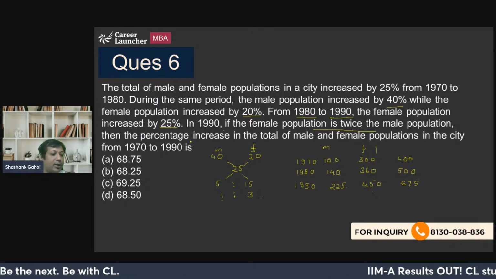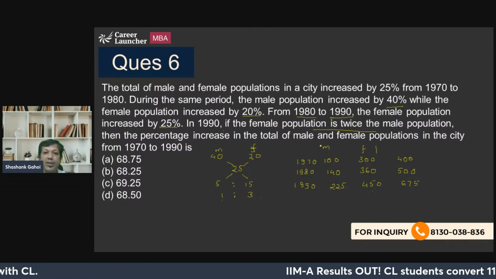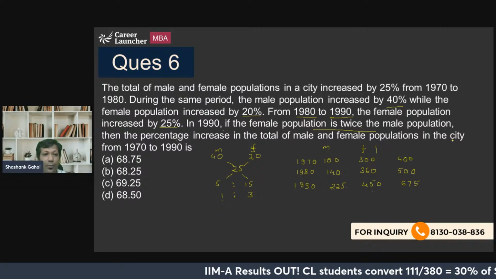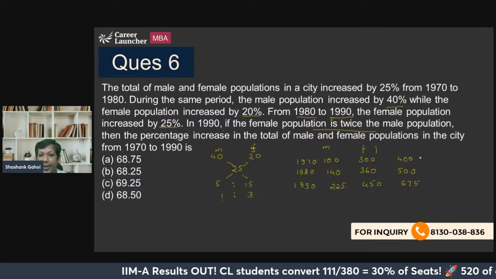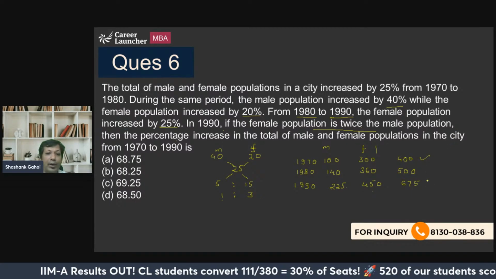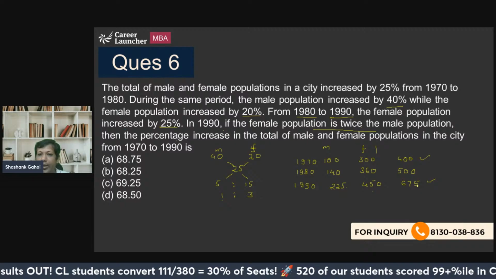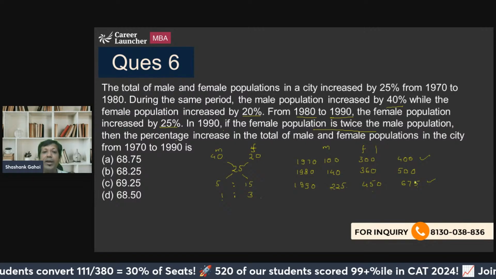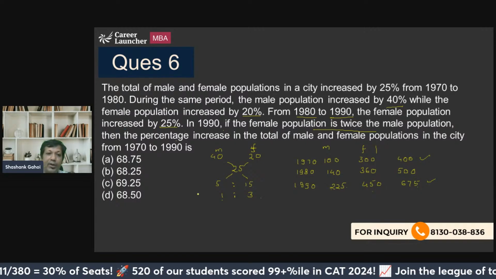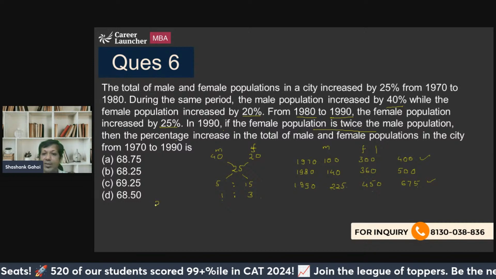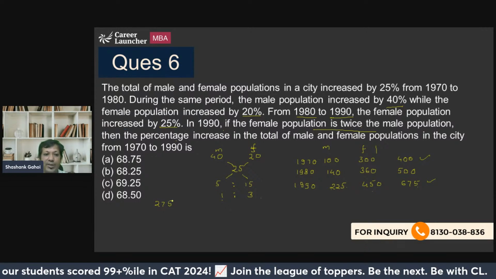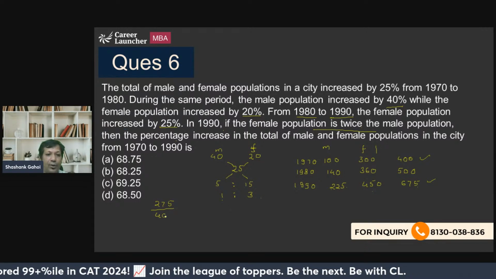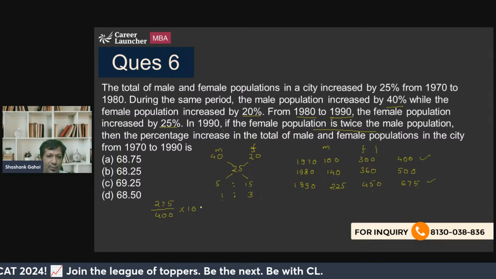Then the percentage increase in the total of male and female population in the city from 1970 to 1990. In 1990 it was 675. In 1970 it is 400. So what is the percentage increase? There is an increase of 275 out of 400 into 100.